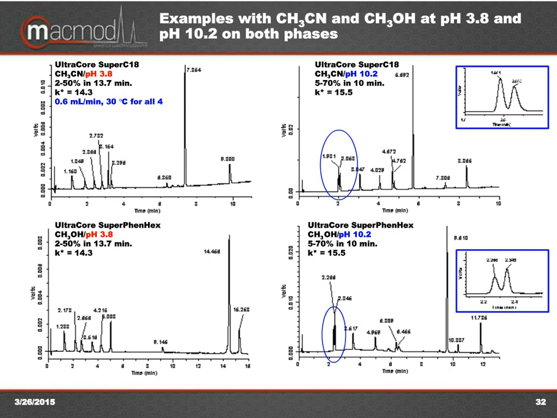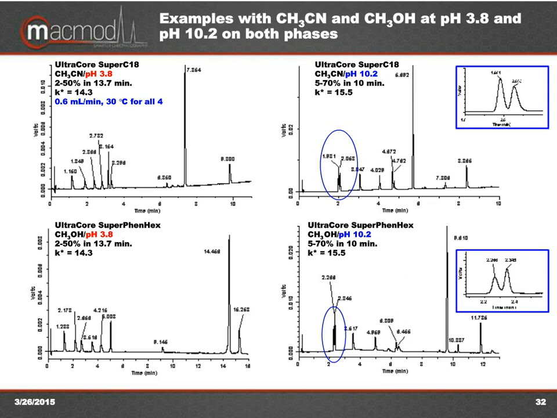Similarly, acetonitrile is on the top on the right, and on the bottom right, it's methanol. You can see that I had to go up to 70% organic for the two traces on the right-hand side of the slide because the retention increases quite a bit when you raise the pH for all these.